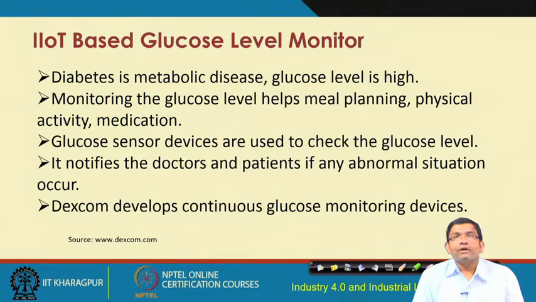So, if you have an automated IoT enabled system to which the patients can be fitted, then automatically the data from these different patients can be made available to whoever can make sense out of the data, such as doctors who are treating the diabetes patient and so on. An example of a continuous glucose monitoring device is the Dexcom. Dexcom devices can help in continuous glucose monitoring.